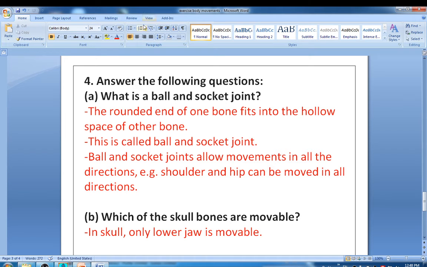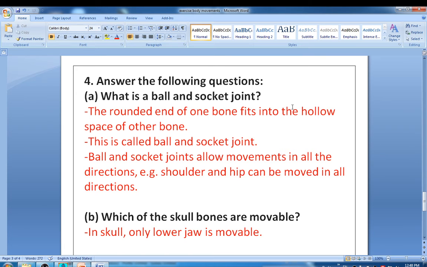See, what is a ball and socket joint? The rounded end of one bone fits into the hollow space of another bone, and this is called a ball and socket joint. You can draw the diagram of the ball and socket joint here. Then, ball and socket joints allow movements in all directions. Example: the shoulder and hip can be moved in all directions. When there is a question of 2 marks, you have to write at least 4 points.